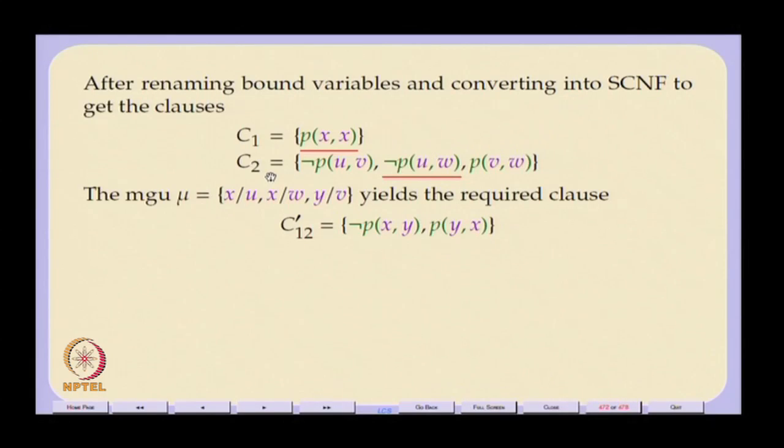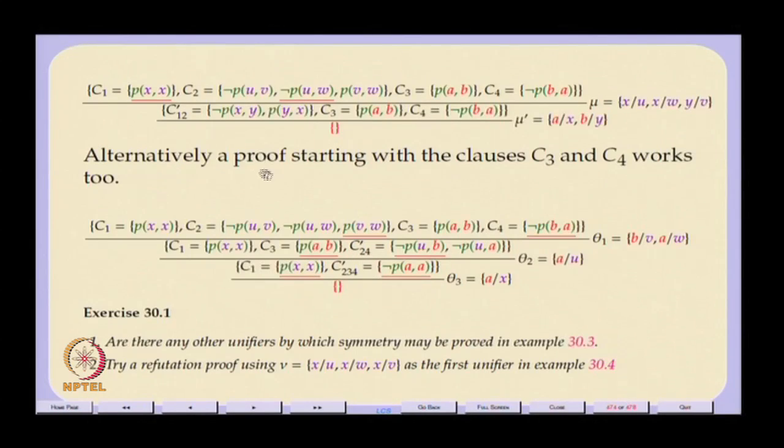When you do that, you get this. Here I have given some unifier, not necessarily the most general, but that is okay. This y for v can be removed; your unification algorithm will give you only x for u and x for w.